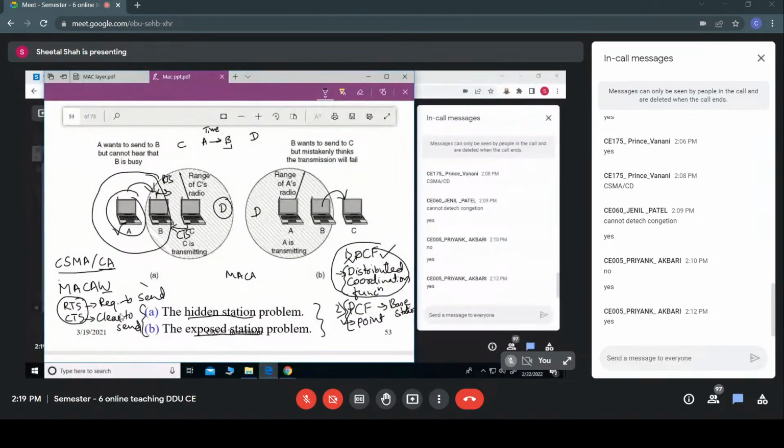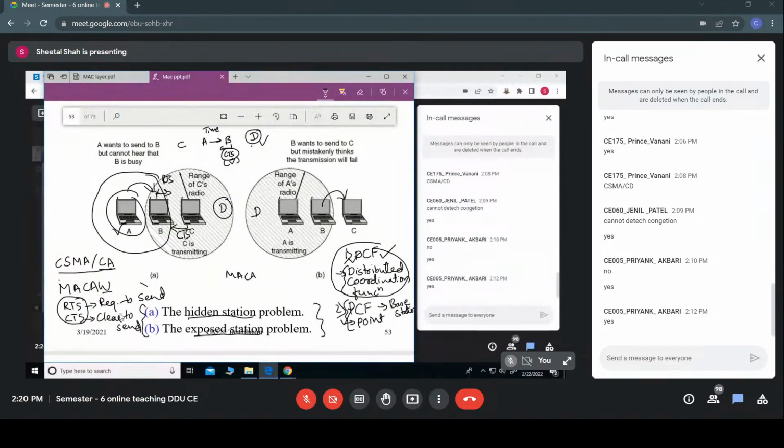And meanwhile, B would also send a CTS signal, which again contains certain time up to how much time it would use the channel, or the channel is occupied. When the CTS signal is sent, that would also be sensed by station D, and by looking at the CTS, it would come to know up to how much time it has to wait. Are you getting this?